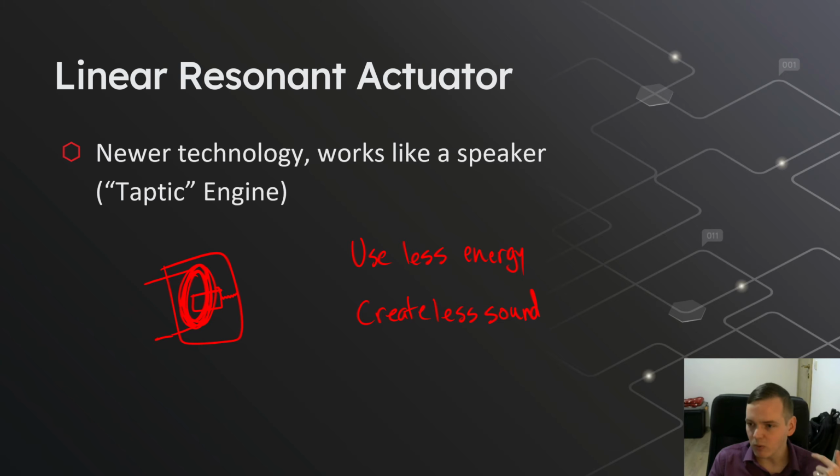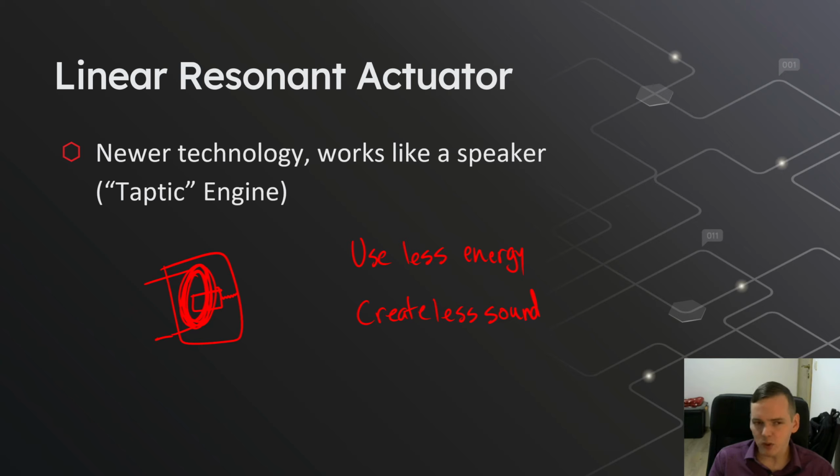It has to spin really fast to get the kind of vibration you want. The linear resonant actuators don't have to use as much energy, and they create less sound because they're just jostling back and forth. They don't have to move as quickly. They won't create as much of that buzzing or humming sound.